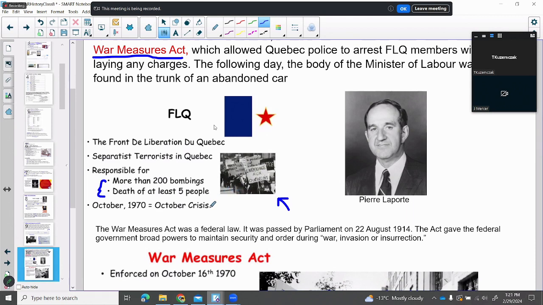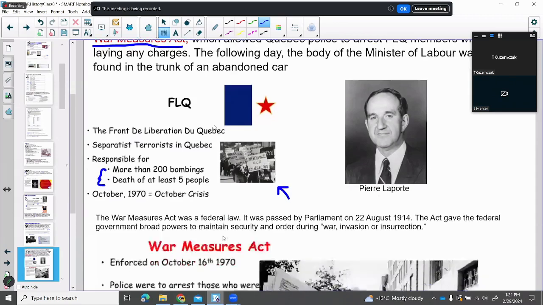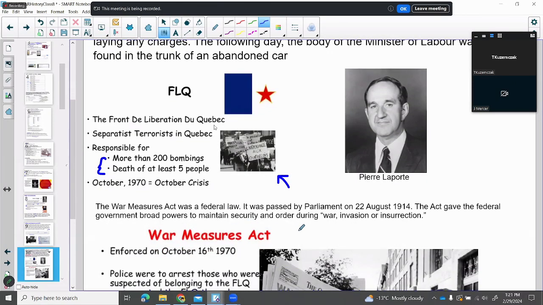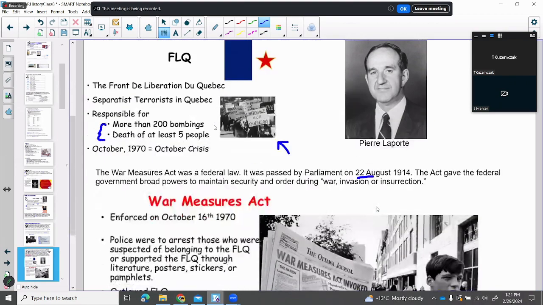The October 1970 War Measures Act, or that crisis, was also referred to as the October Crisis. The War Measures Act was a federal law, passed by Parliament on August 22nd, 1914. The act gave the federal government broad powers to maintain security and order, it could be during a war, during an invasion, or during an insurrection.